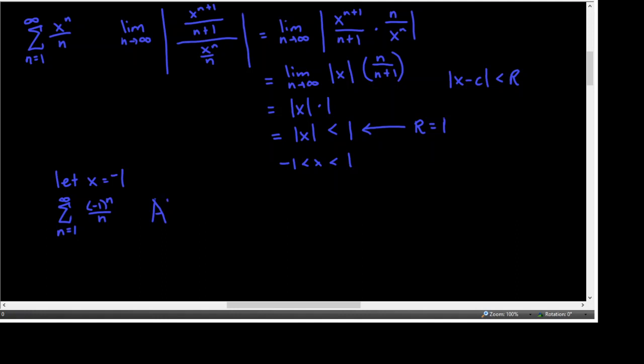It's a hint. It's the alternating harmonic series. And if you remember that's its name, and you remember that it always converges, you can just state that. Or if you forgot all of that, you could just do the alternating series test and conclude that it converges.